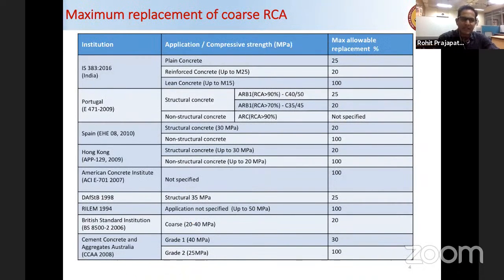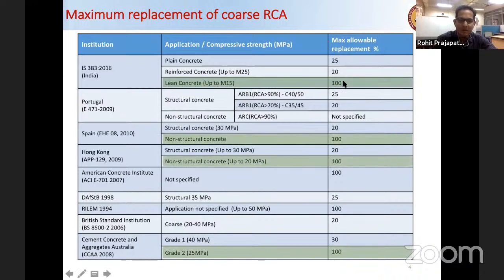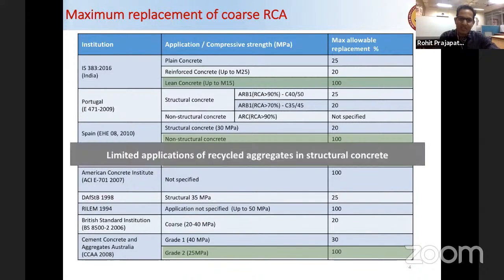So there is a limitation. If you see all these international codes, 100% replacement of natural aggregate is allowed only in low grade or non-structural grade concrete, and other replacement percentages are limited to around 20 to 25%. So there are limited applications of recycled aggregate in structural concrete. What are the reasons?